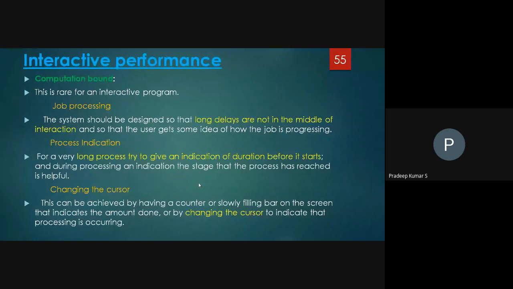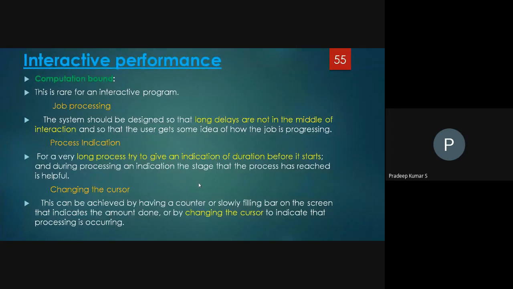Next is the process indication. What is process indication? As I already told you, the process is going on and I need some information, like wait for 20 seconds, wait for 30 seconds. If I don't receive any information, I may unnecessarily give multiple inputs, which leads to a blurring or collapse state.